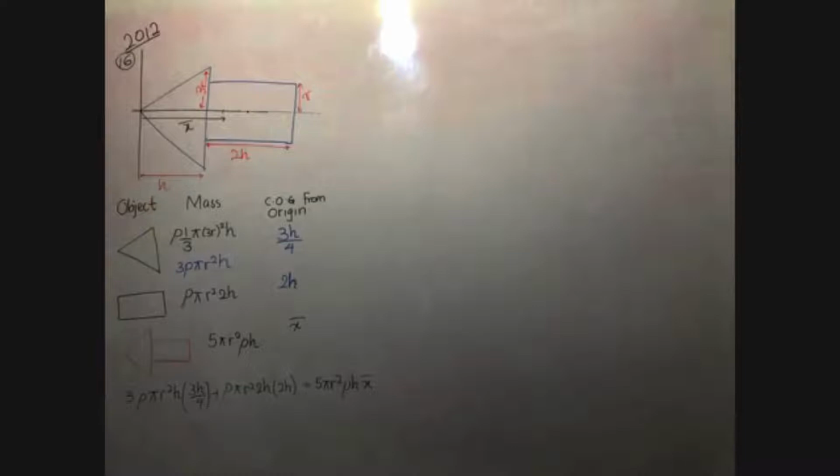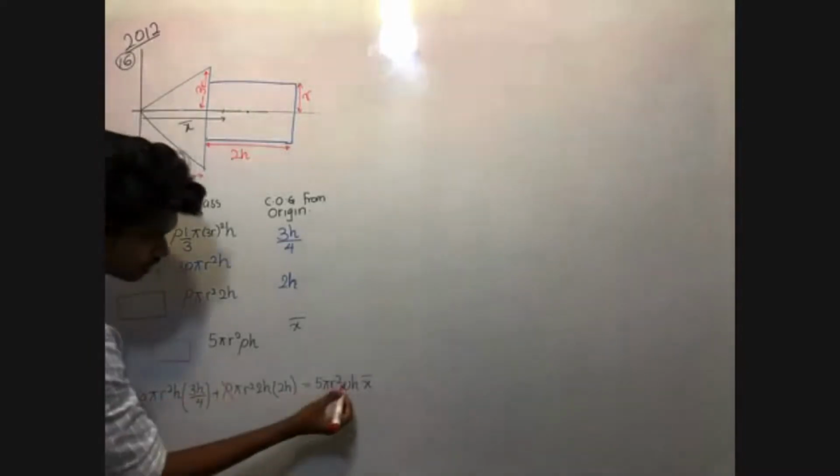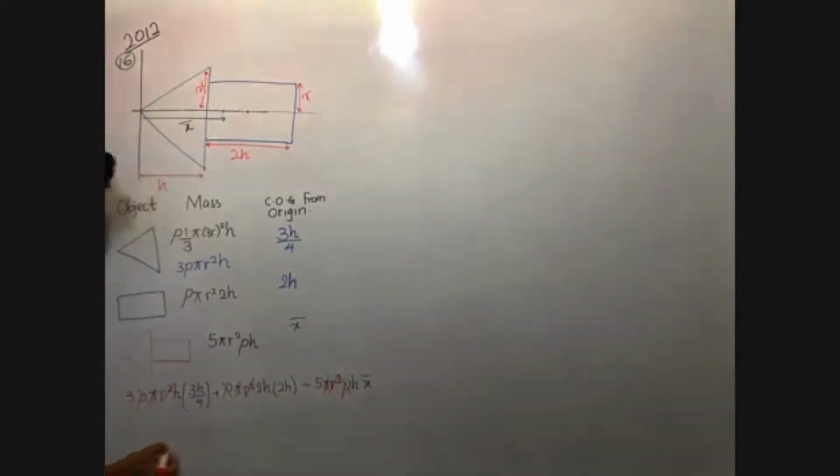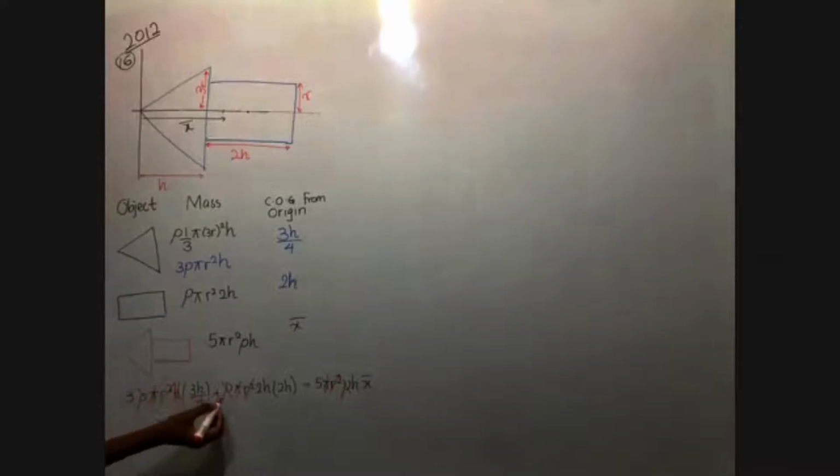So rho cancels, 5 cancels, r squared cancels, one h cancels.